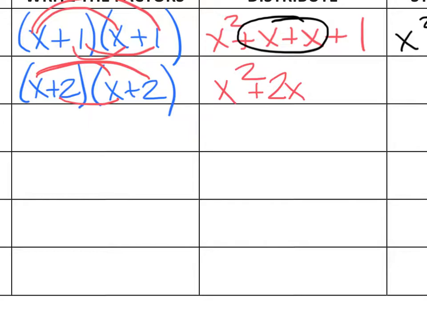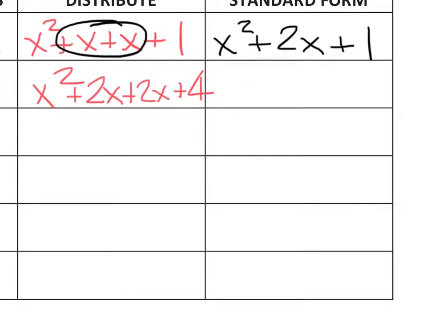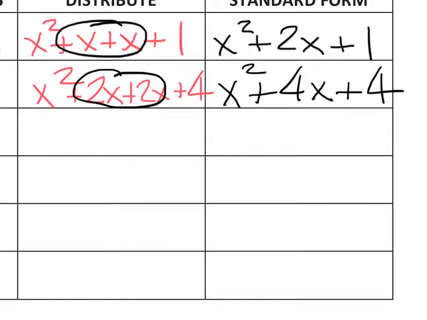What's 2 times x? Plus 2x, and then 2 times 2, 4. When I combine my middle terms together, what do I come up with? What's my new standard form? What do I write first? x squared plus 4x plus 4. Add your middle terms together to get 4x.